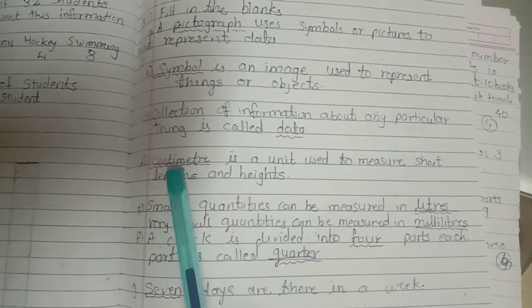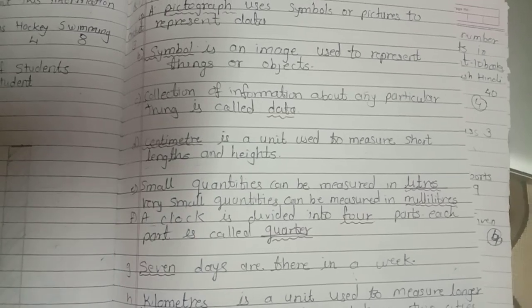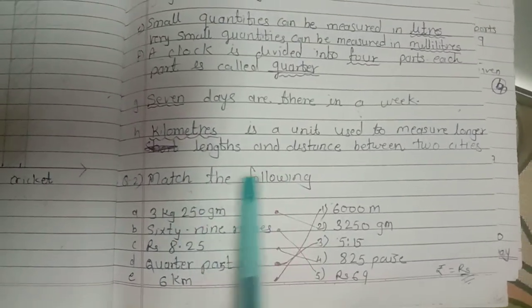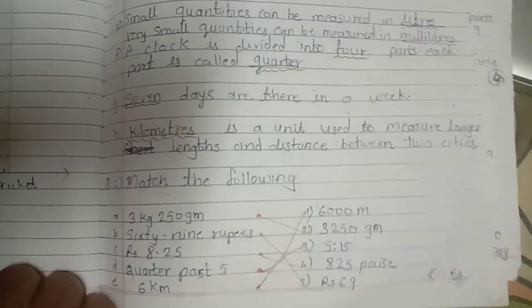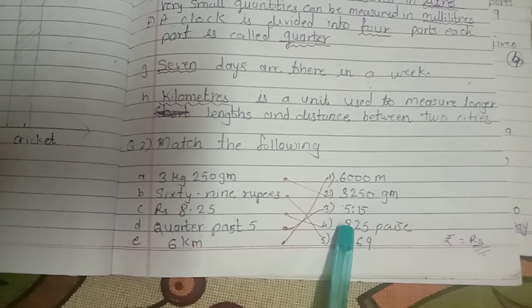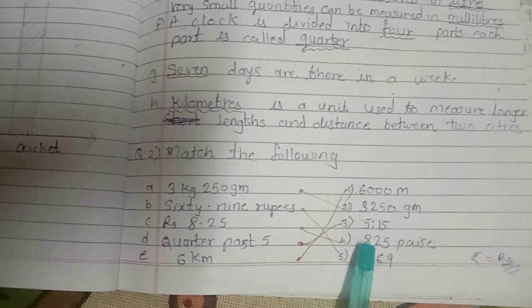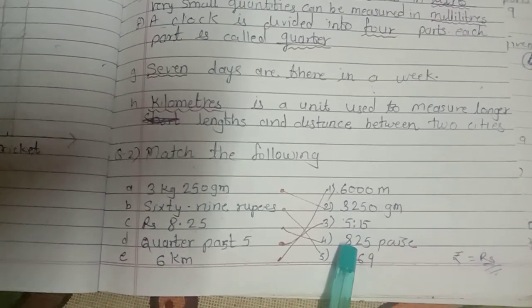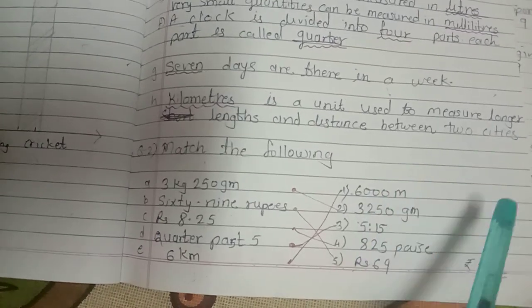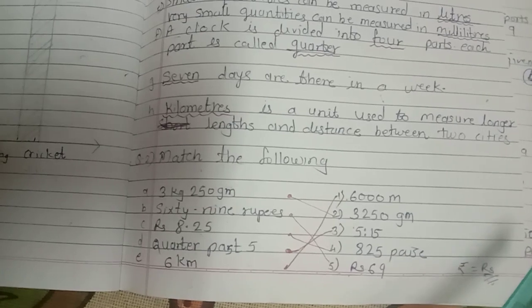Okay, you learn spelling. Next, match the following. All of you solve this problem and then match with the correct answer. Do the practice of addition, subtraction, then conversion of meter into centimeter, gram into kilogram.